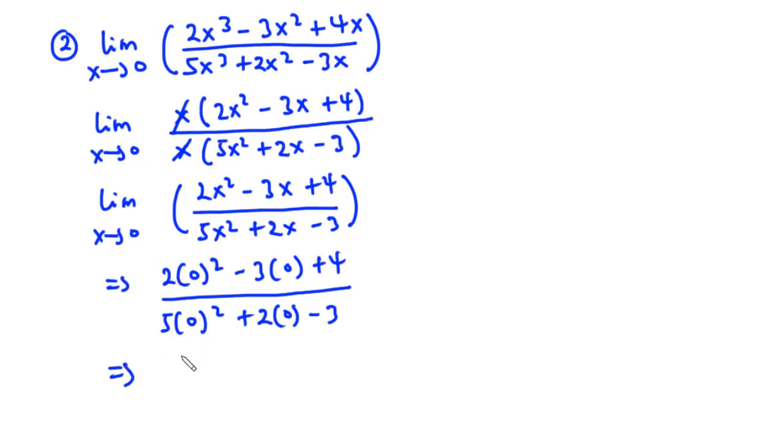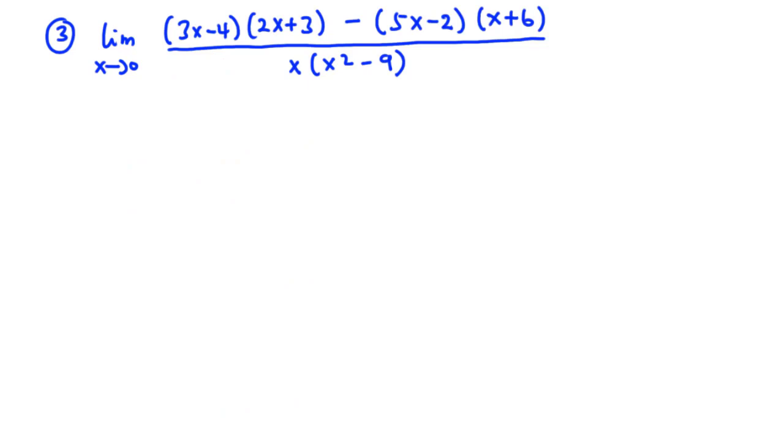Now 2 times 0 squared is 0, and then negative 3 times 0 is 0, and then we have plus 4. Now 5 times 0 squared is 0, 2 times 0 is 0, and then we have negative 3. So we have our limiting value to be negative 4 over 3.